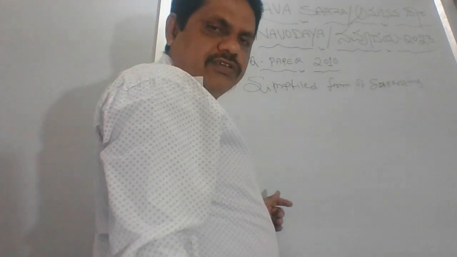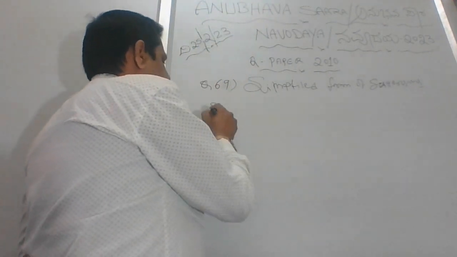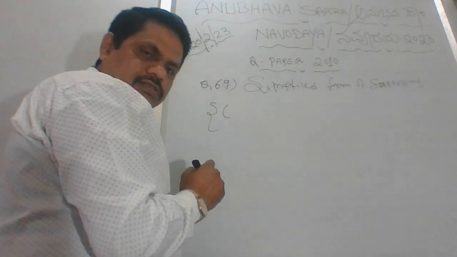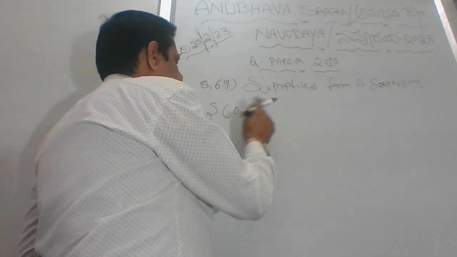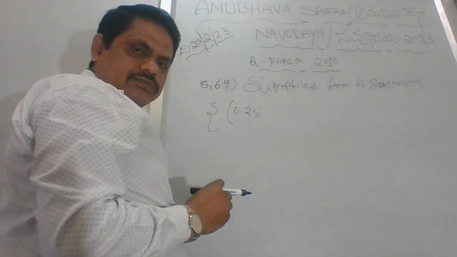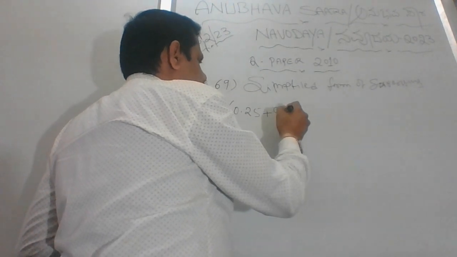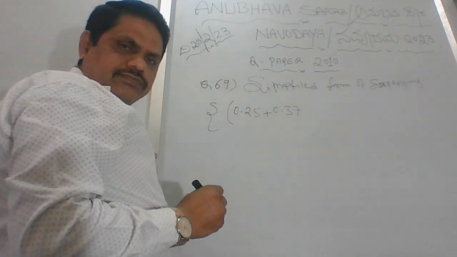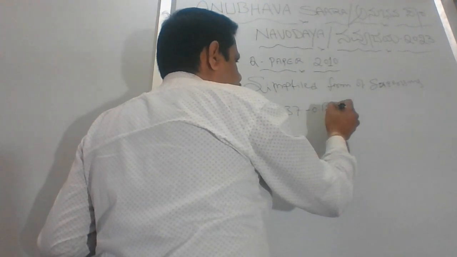Let us check how we can do it. Start with the small bracket: 0.25 plus 0.37 minus 0.12.